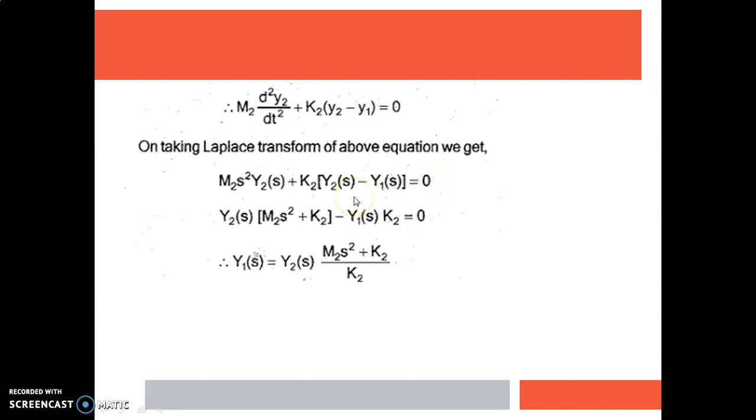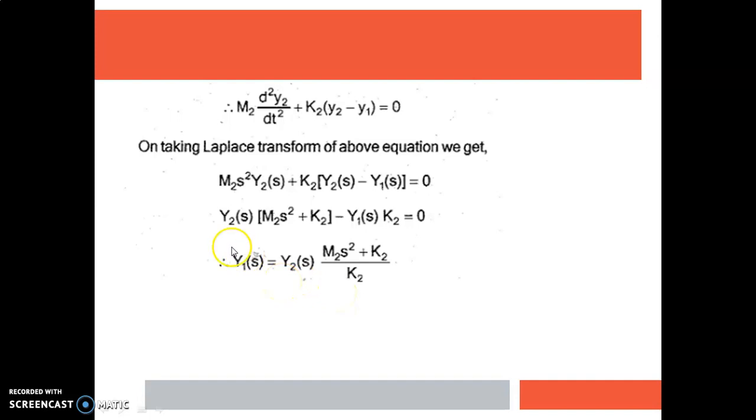Now again here also we have to group y2 of s. You take y2 of s outside, so it will become m2 s square plus k2, minus y1 of s into k2. So from this equation, we can find an expression for y1 of s in terms of y2 of s. So y1 of s is equal to y2 of s into m2 s square plus k2, divided by k2.